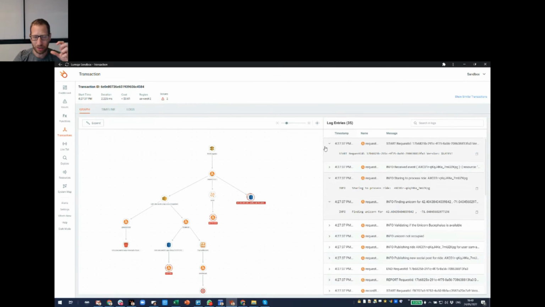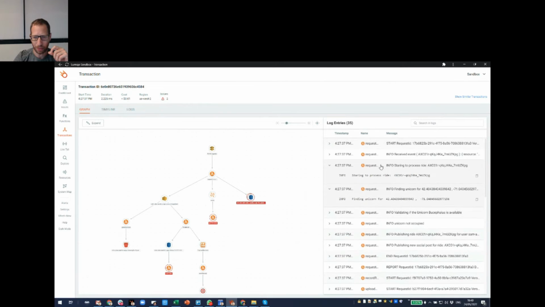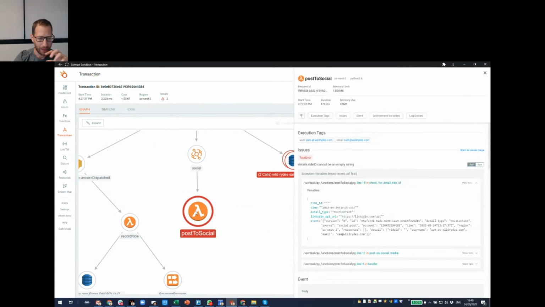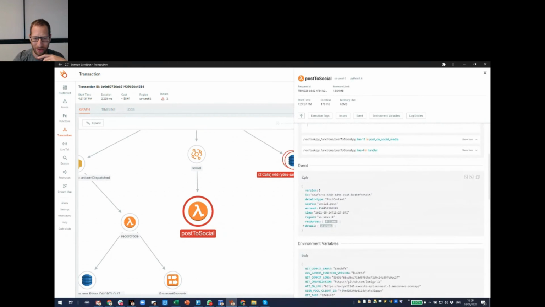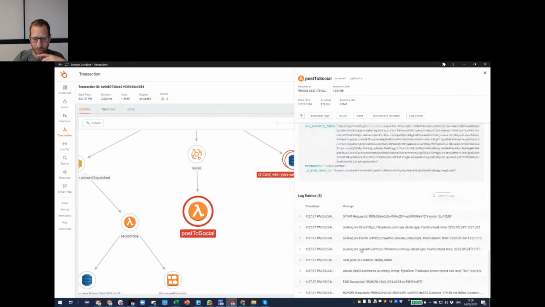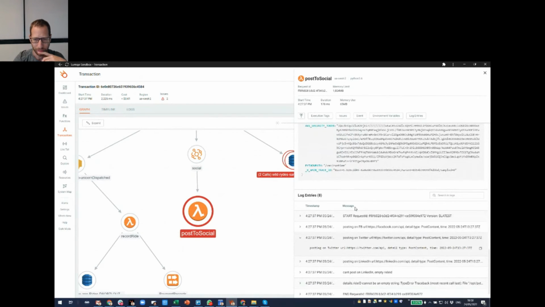And I think the heart of this is the debugging part, post-mortem debugging. For every service, you can click on it, and Lumigo is able to get a lot of information that doesn't exist anywhere else: from the specific exception, the stack trace, and the exception variables when the exception happened, all the way through the event that triggered the Lambda, the environment variables at the time it ran, and the actual logs of this Lambda.